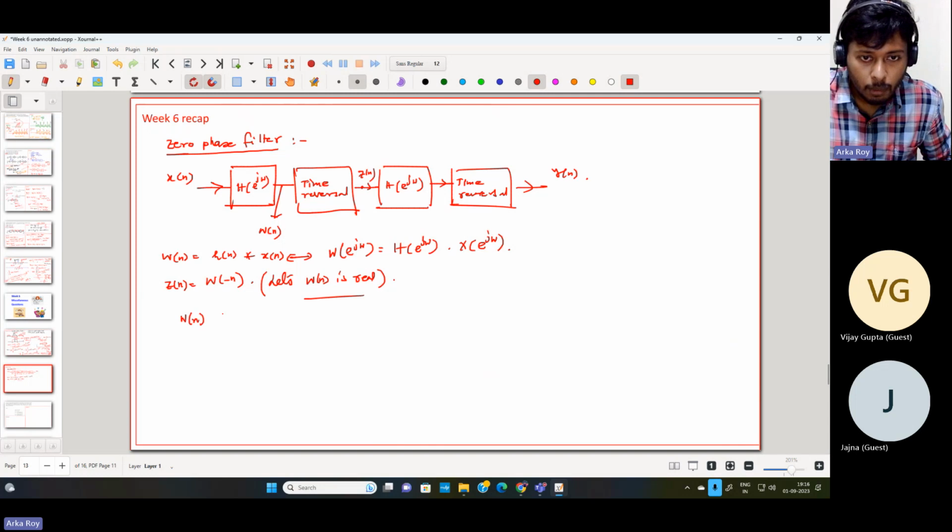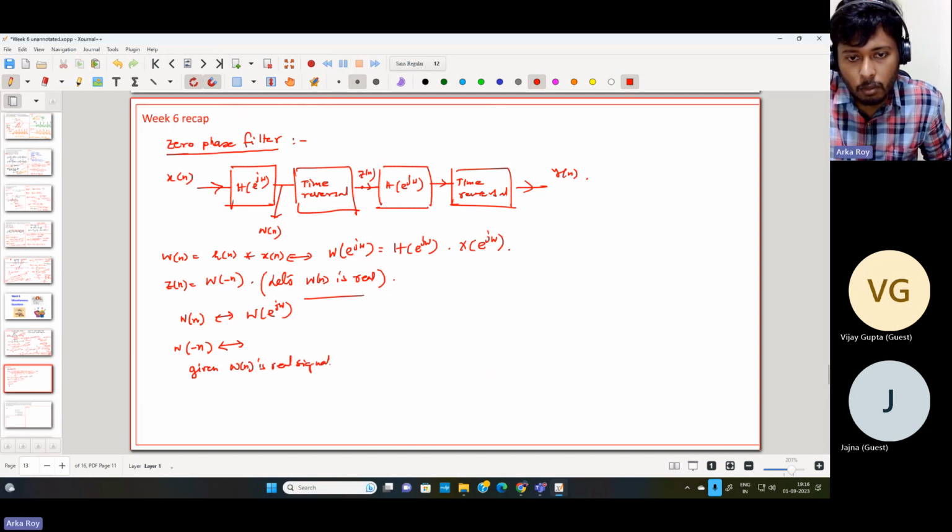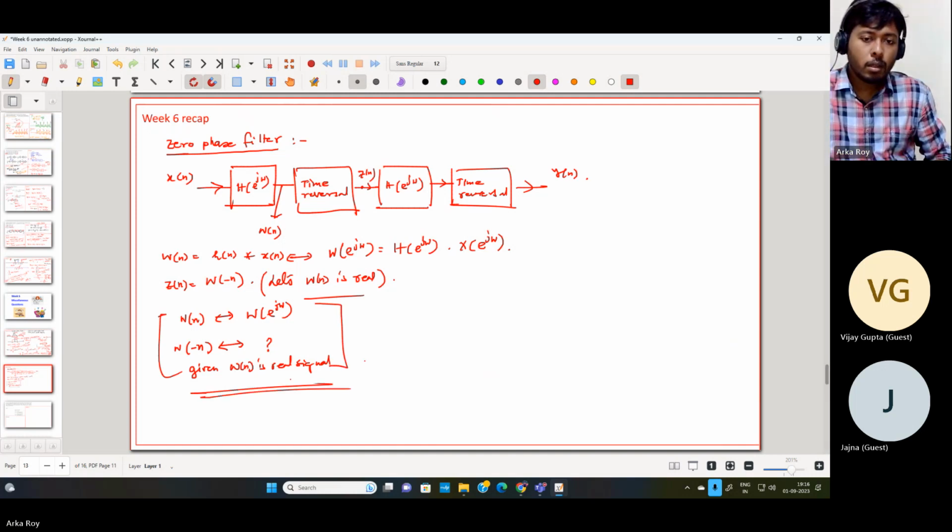So let us consider w of n has the DTFT W e power j omega. Now I need to find what is the DTFT of w of minus n, given w of n is a real signal. So can anyone tell me what will be the DTFT of this particular representation w of minus n, given the signal is a real signal?